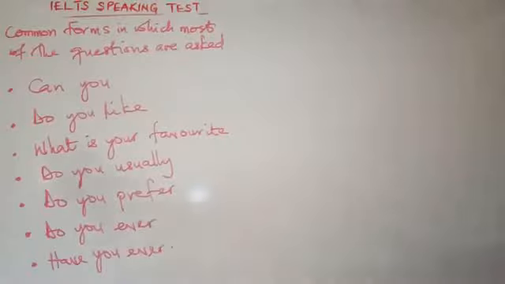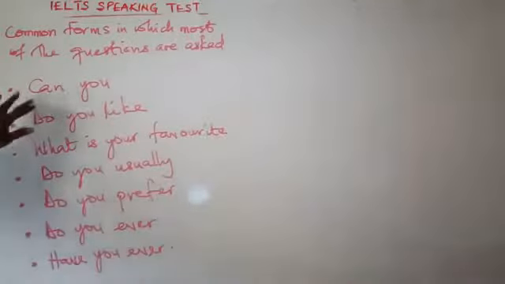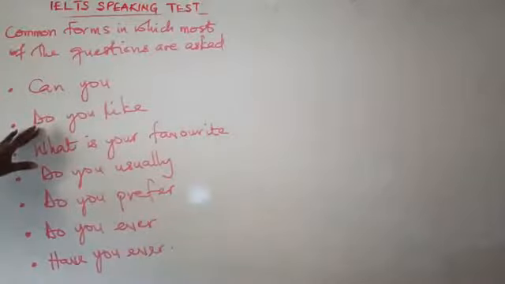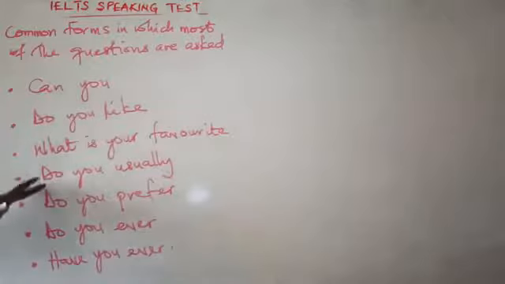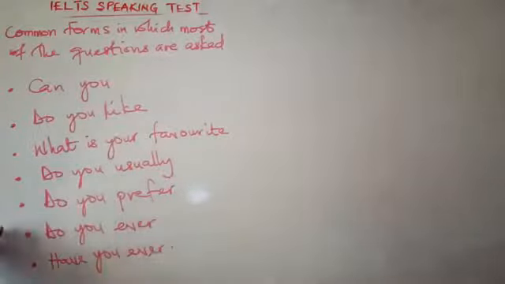Other forms of question that you can also see, commonly starting most of your major questions, are these: Can you? Do you like? What is your favorite? Do you usually? Do you prefer? Do you ever? Have you ever? So let us look.